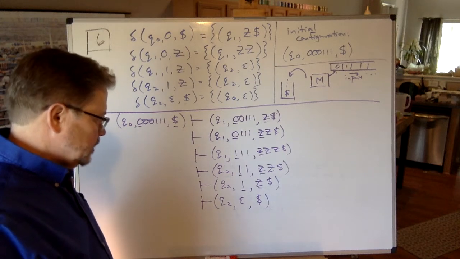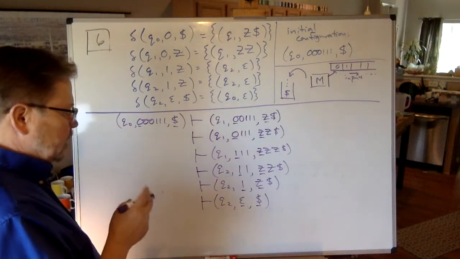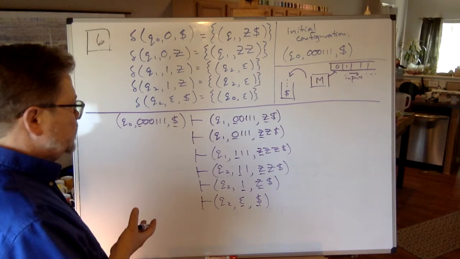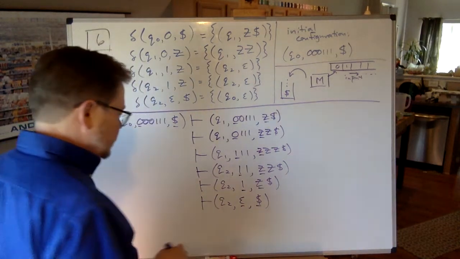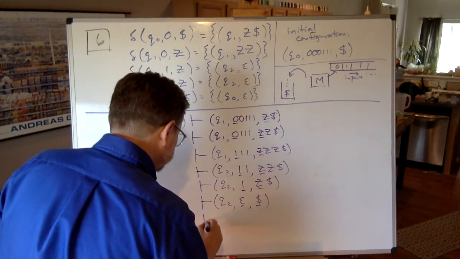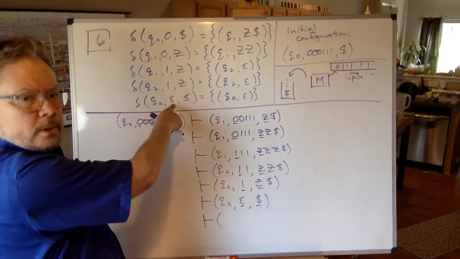Now it looks like we should be done there, except if we are done there, then the string is not accepted, because on the board that I erased prior to this, we only have one final state, and that's Q0. Well, look what happens. If we're in Q2, we don't have to consume any input at all.